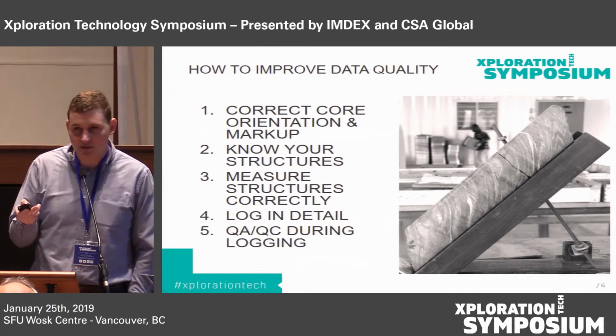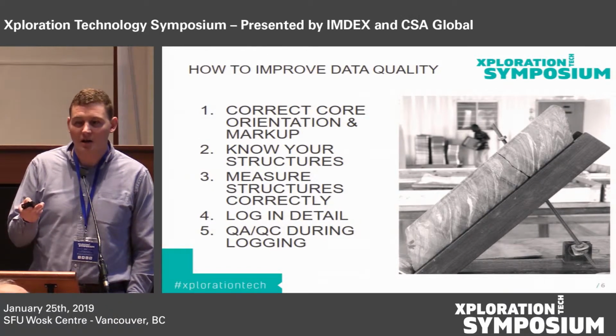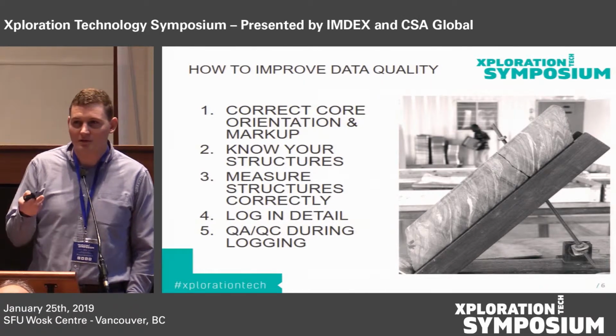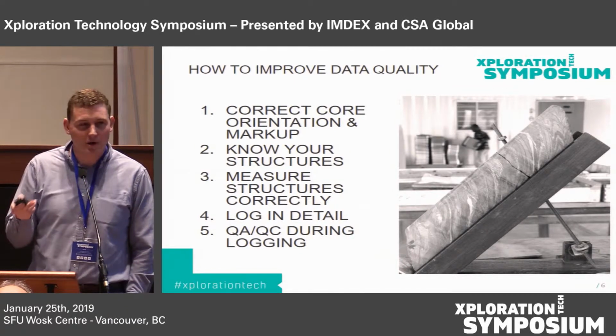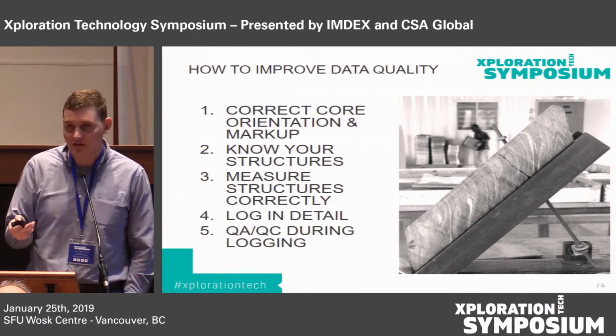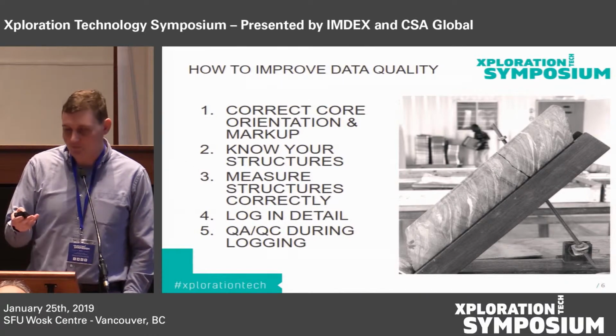Knowing the structures and understanding the structures, measuring them correctly, logging those structures in sufficient detail so that we can get queryable data sets out of it, and making sure that we do logging QA/QC in addition to getting QA/QC on our core orientation. I'll try and go through a little bit about each of these steps.